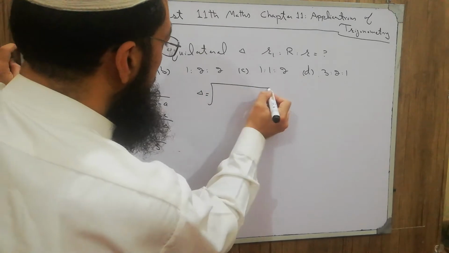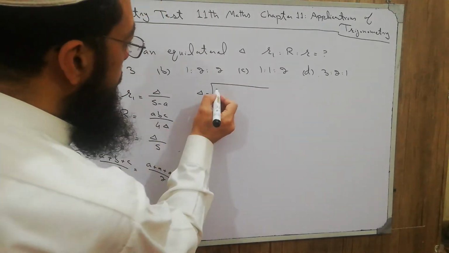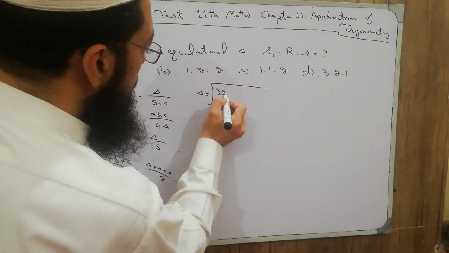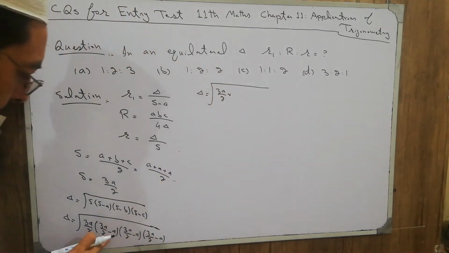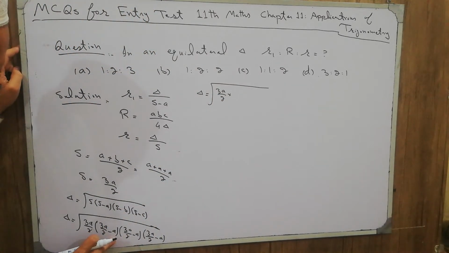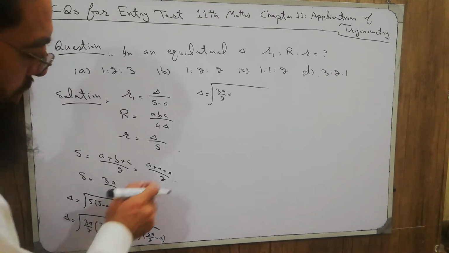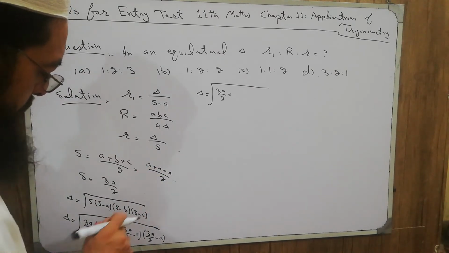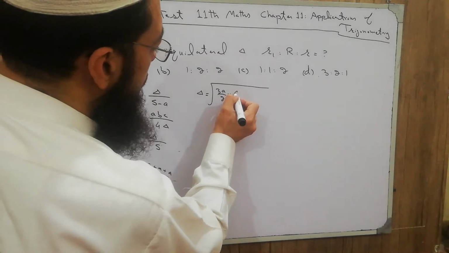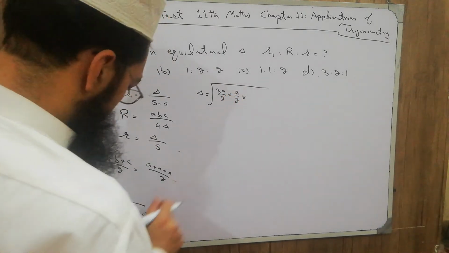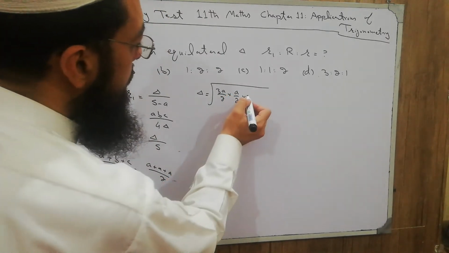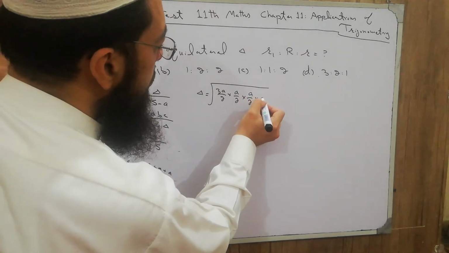Area is equal to the square root of 3A by 2 multiplied by (3A by 2 minus A). LCM is 2, so 3A minus 2A is equal to A by 2. Similarly, 3A by 2 minus A is A by 2, into A by 2.